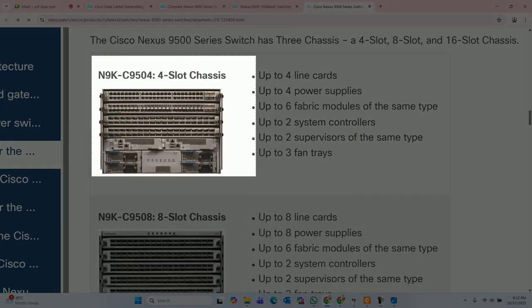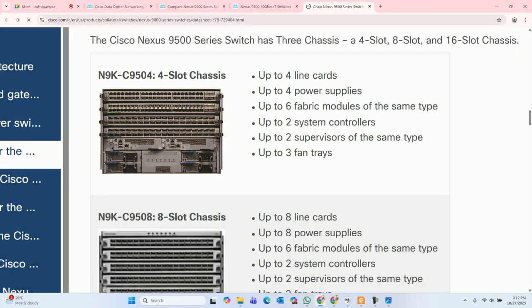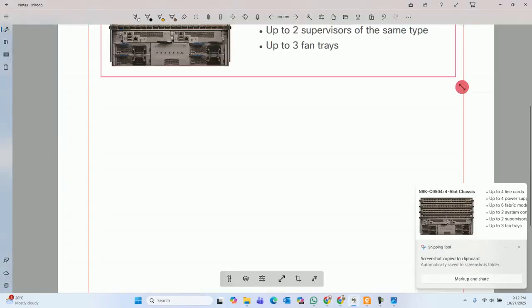Then let's check the detail of this Nexus 9504.